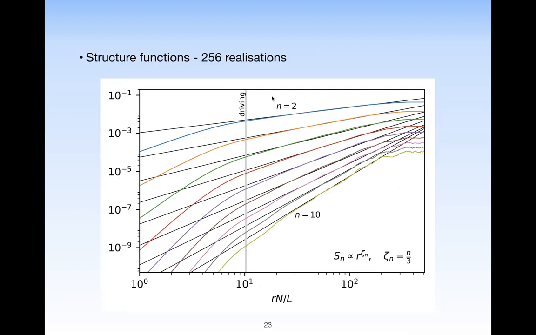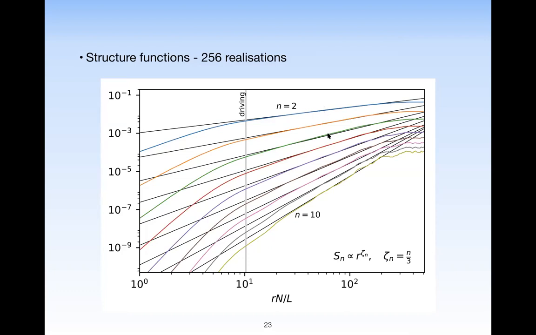And here I'm plotting S2 all the way down to S10, once again on a log-log scale, where this axis here is the distance between the 2 points used to compute these quantities. And the black lines are Kolmogorov's predictions, and we see that we have a relatively good agreement.